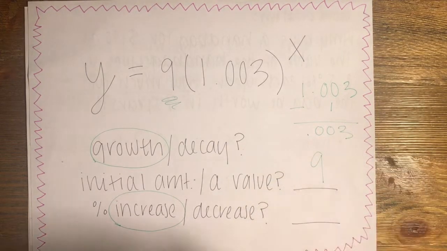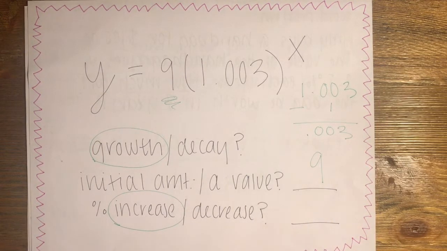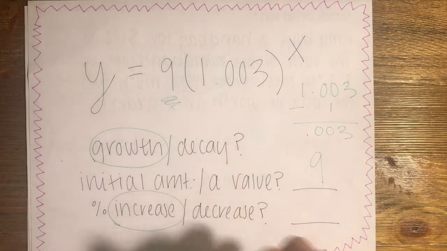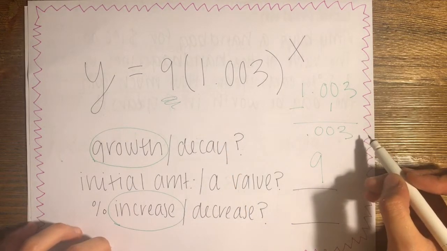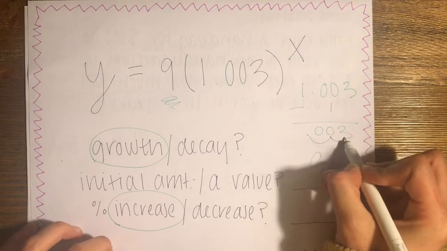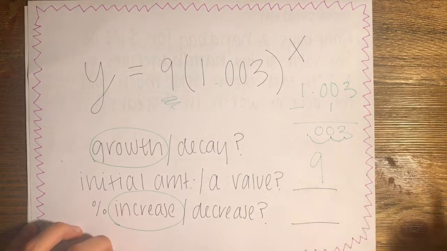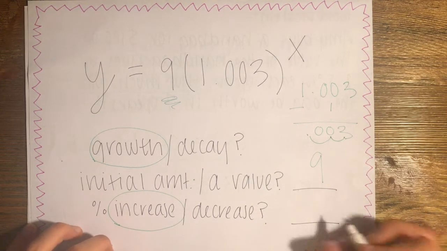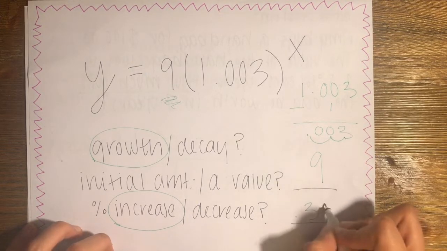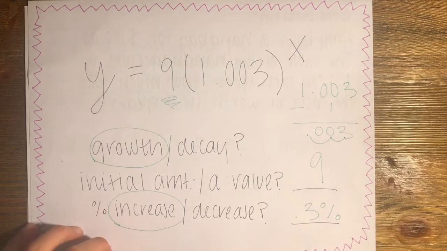That is the amount that we grew, but it's asking for it as a percentage and not a decimal, and remember that our B value is written as a decimal in this form, so we're going to have to convert this to a percentage. Just move that decimal place over 2 points, and you have a 0.3% increase.